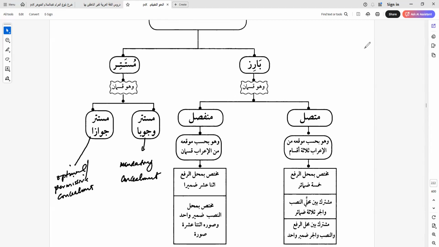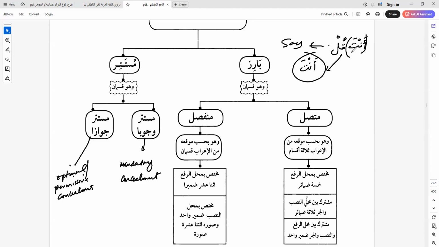It's like in Arabic when you say kul, say. So the question is, who is the damir? Is it damir mustatir? Its estimation is anta. So basically the sentence is like anta kul. But in Arabic you are compelled, it's mandatory for you to hide the anta.